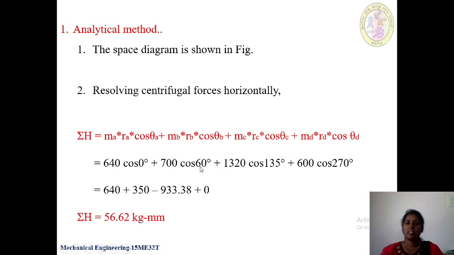Plus cos 60, which is 0.5, multiplied by 700, that is 350. Cos 135 gives a negative value, multiplied by 1320, that is minus 933.38. Plus cos 270 is 0, multiplied by 600, that is 0. So finally our sigma H is equal to 56.62 kg mm.